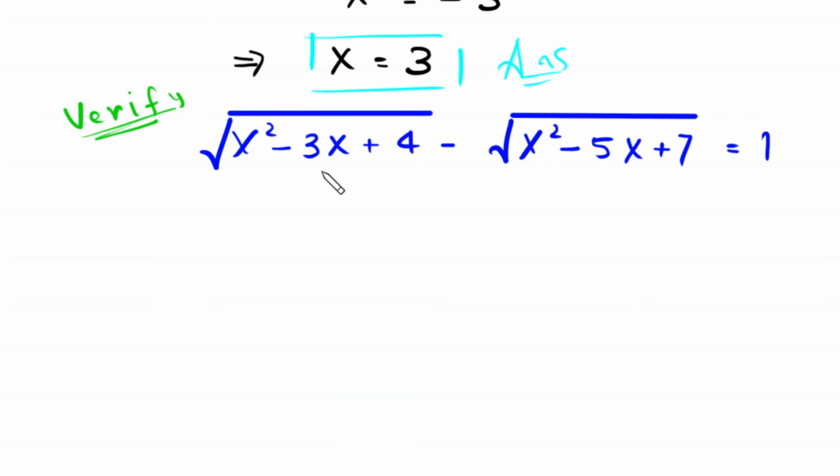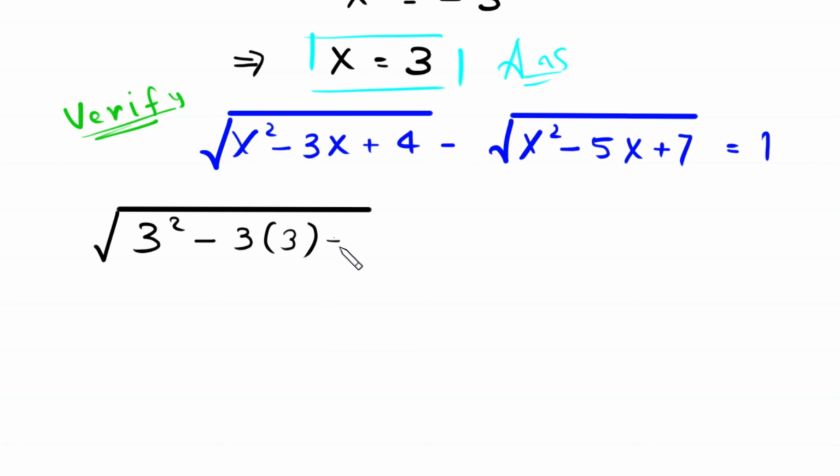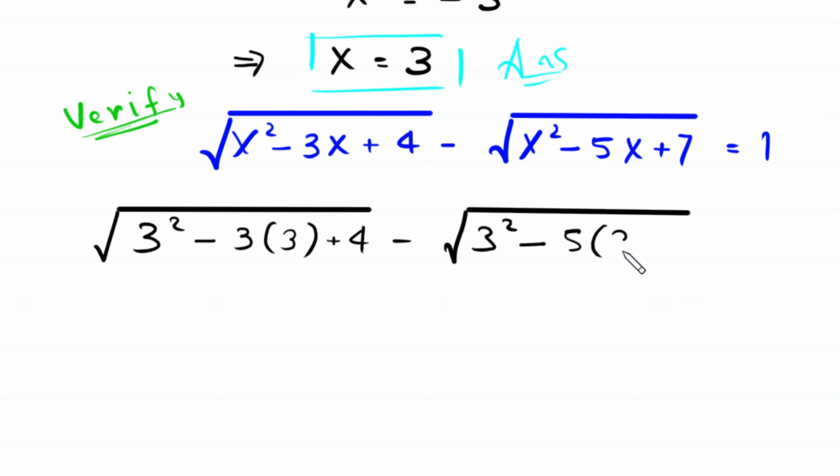Replace every x with 3. This equation will become square root of 3 squared minus 3 times 3 plus 4 minus square root of 3 squared minus 5 times 3 plus 7.